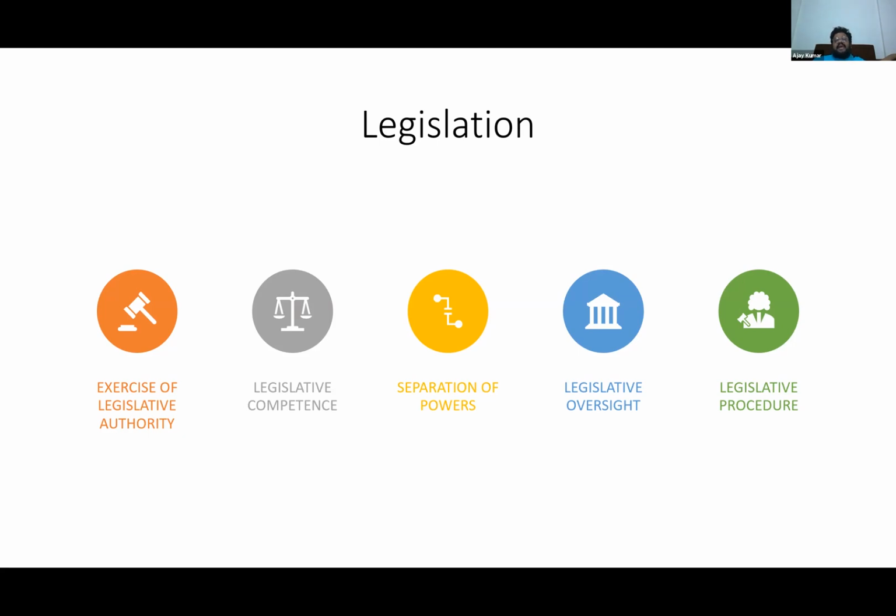Now, exercise of legislative authority is done by the legislature, right? But it's not like Parliament is sitting there 365 days a year, even though that is not prohibited. So the Constitution gives legislative authority to governors and the President to exercise powers within the Centre's and the state's domain if they feel there is an emergent need for a law and that law can be made while the legislature is not in session.